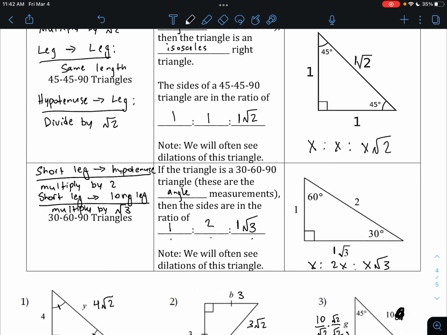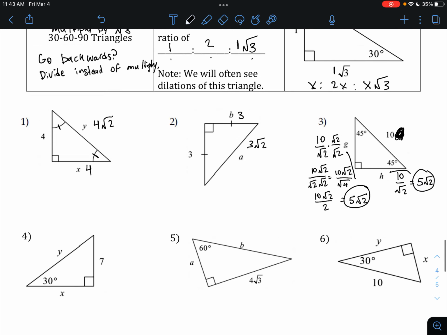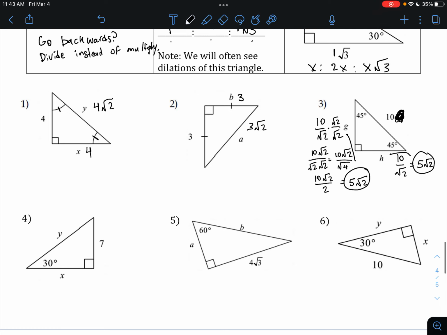So if I need to go backwards, we're going to divide instead of multiply. But we're going to be multiplying or dividing by the same numbers. I'll point that out more when we get into these examples here.